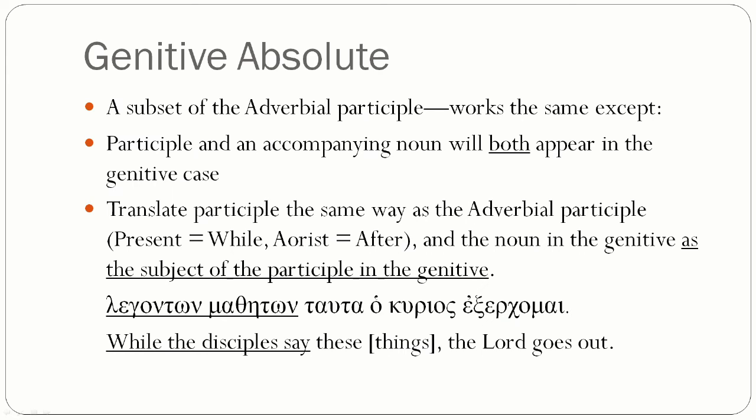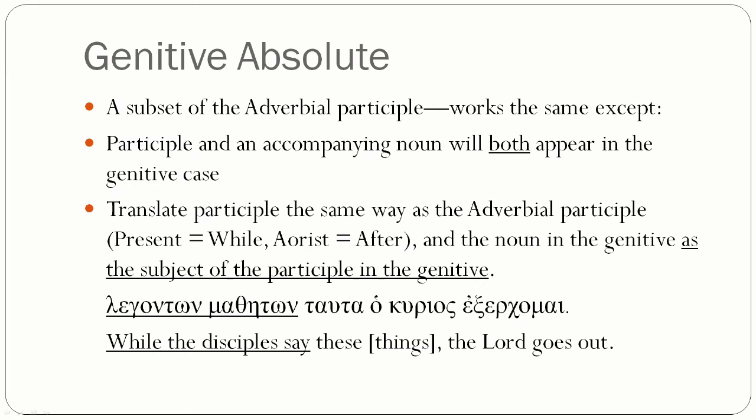All right, look at that participle, legonton. You know that this is genitive because it has that little middle section there. That is what distinguishes this from a nominative participle. The nominative would be legon. The genitive is legonton. And then your matheton there is your noun that's in the genitive.